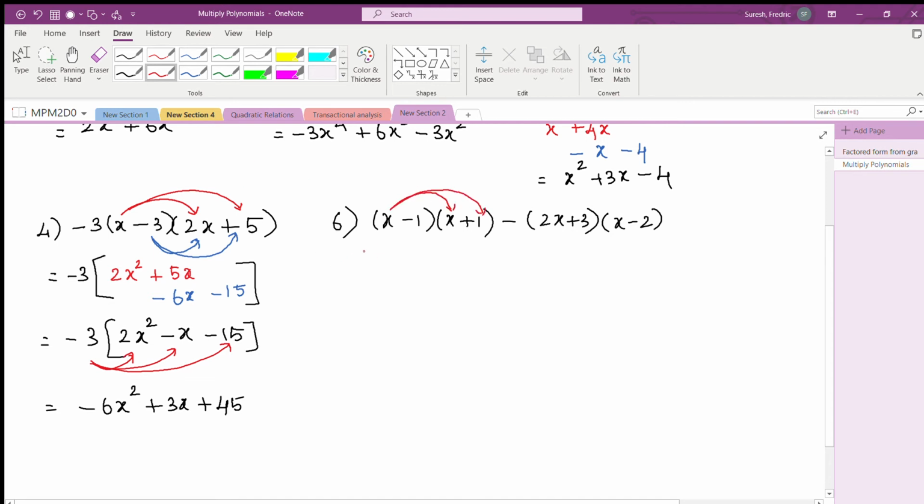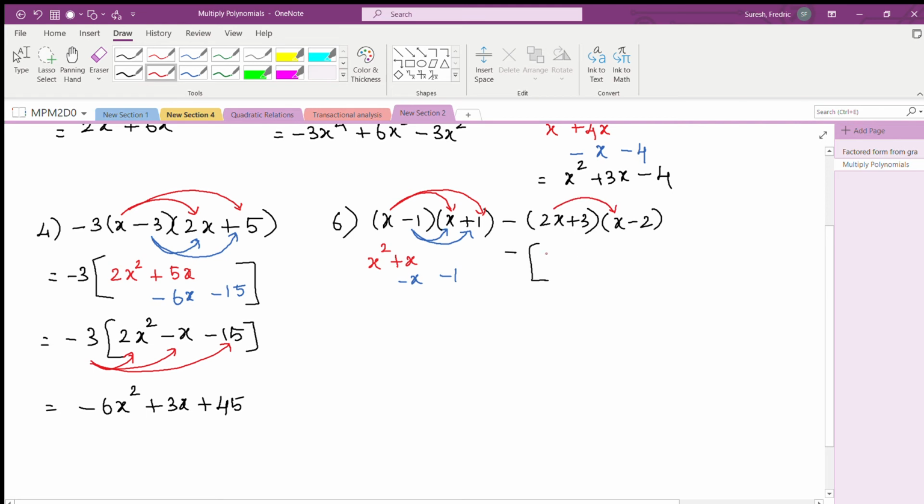So you get x squared plus x, minus x minus 1. Okay, let's do the second multiplication. I'm opening a bracket here because there is a negative sign, and that negative sign applies to everything inside the bracket, so it's a good idea to open up a bracket anytime you see a negative.